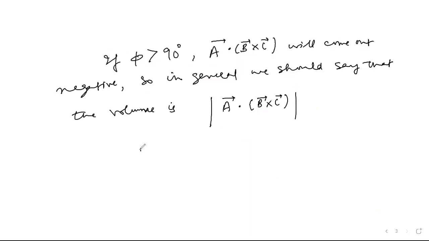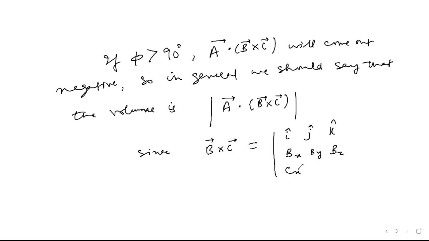Now, since we write B cross C as a determinant, I cap, J cap, K cap, then we write Bx, By, Bz, then we write Cx, Cy, Cz.